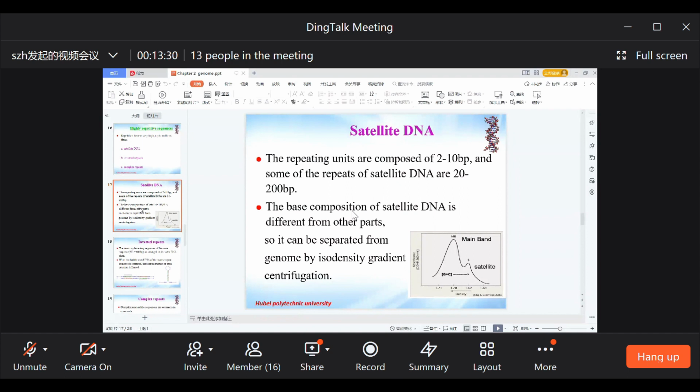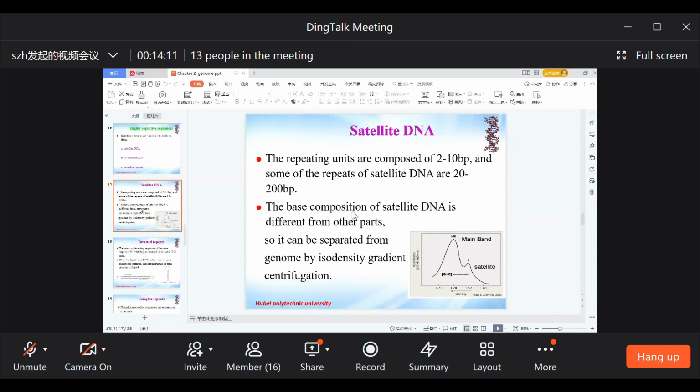When you extract this kind of DNA molecule from the cell, at that time, this kind of sequence forms a special band different from the main band, and this band you can see beside the main band.